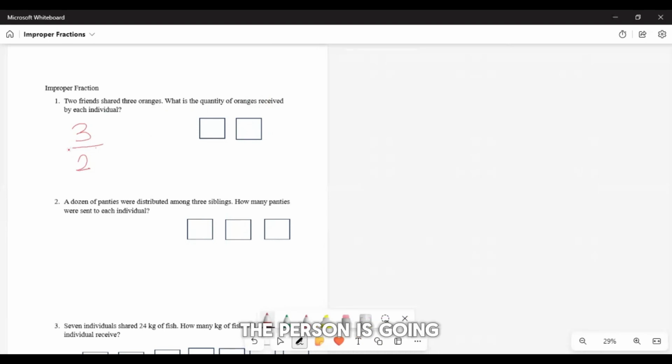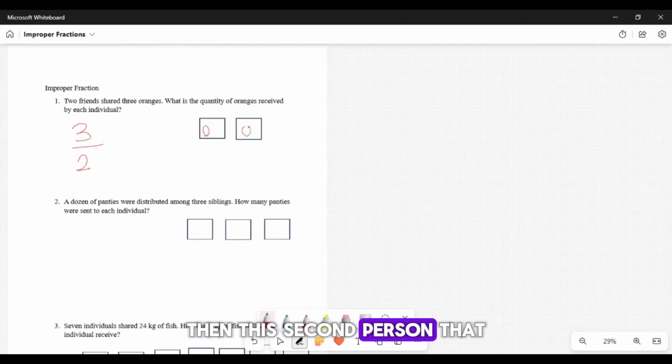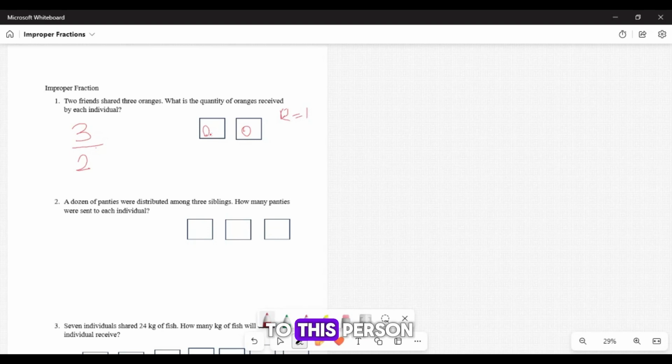So this is how the persons are going to share these 3 oranges. The first person gets 1 full one, then the second person gets 1. So immediately you give 1 to this person and 1 to that person, you are left with 1. Now, you can't just give this one to only one person.